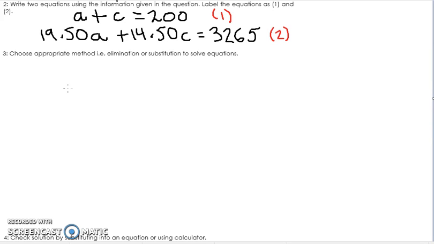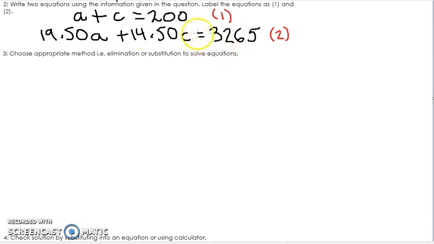So what I'm going to do is something really sneaky. And this is because we have a format, A plus C equals something and another A plus C is equal to something.